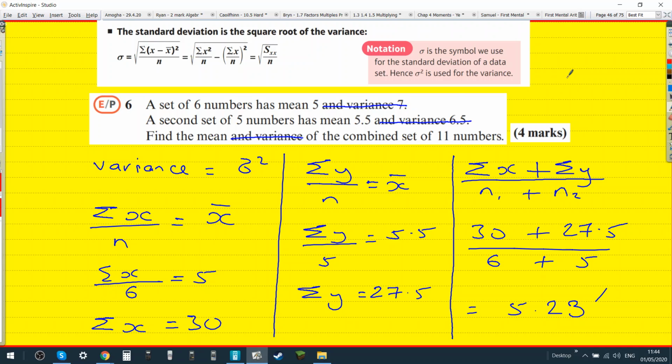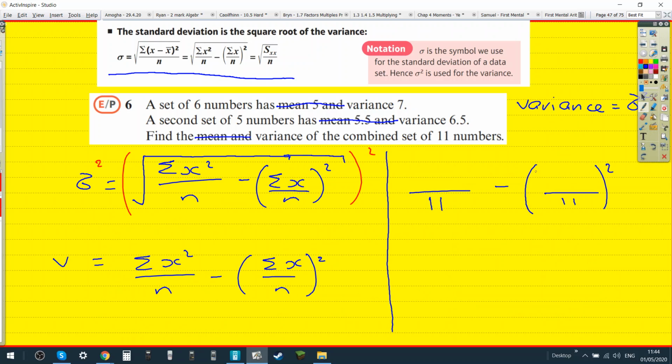That's n. Is that when I did like 30 plus 27.5? Yeah. So that one is 57.5. That is 57.5 squared. And now we just need sigma x squared.